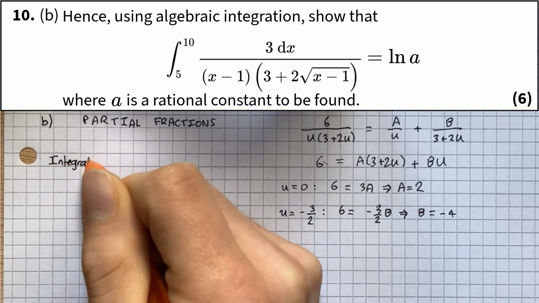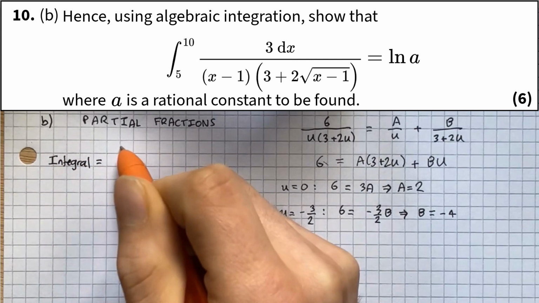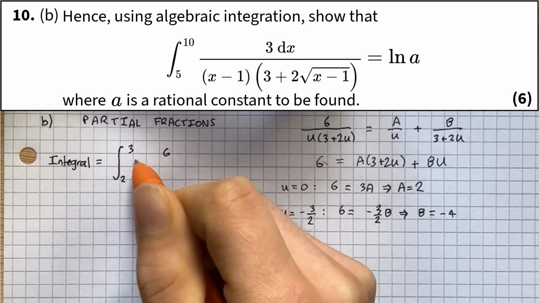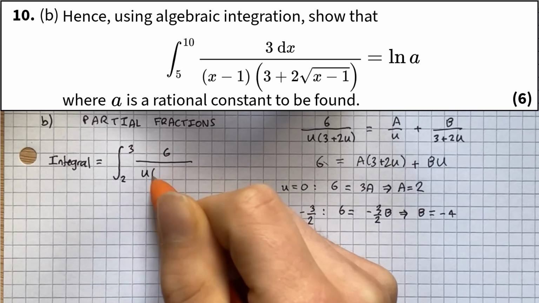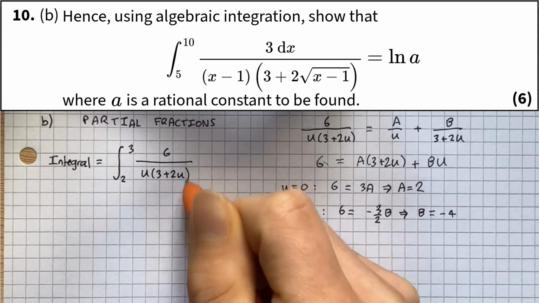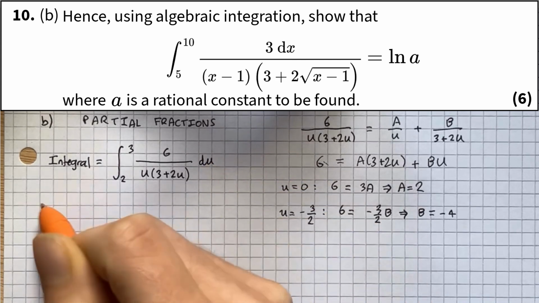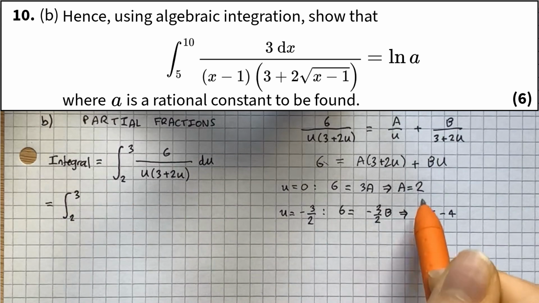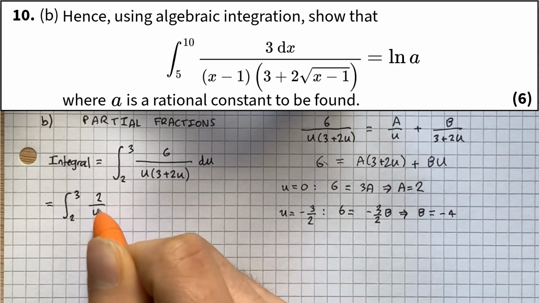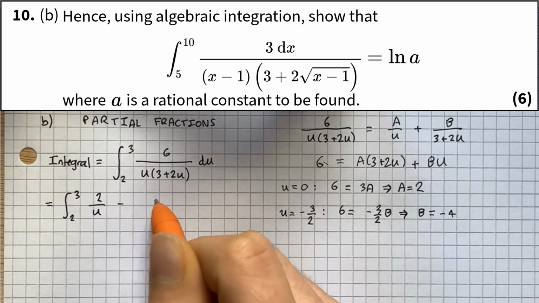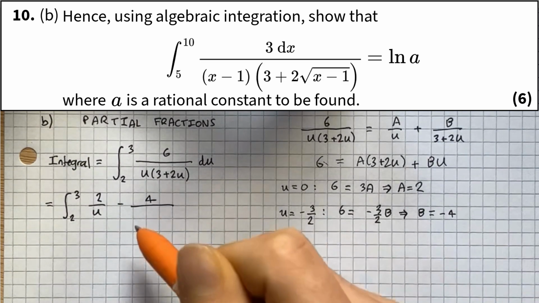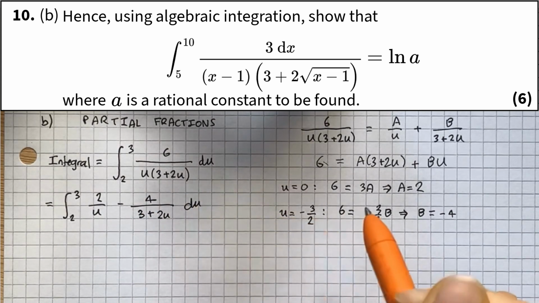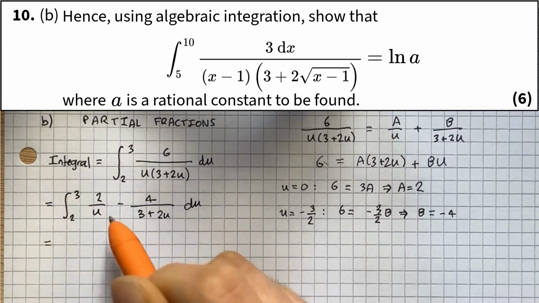So the original integral would be equal to, from part A, the integral with u instead, like this. I'm going to put the du on the end. It looks a bit neater, but it doesn't actually matter. And now I'm going to substitute in my partial fractions. 2 over u minus 4 over (3 plus 2u) du.